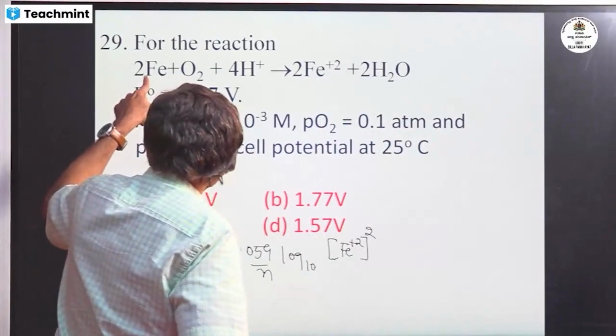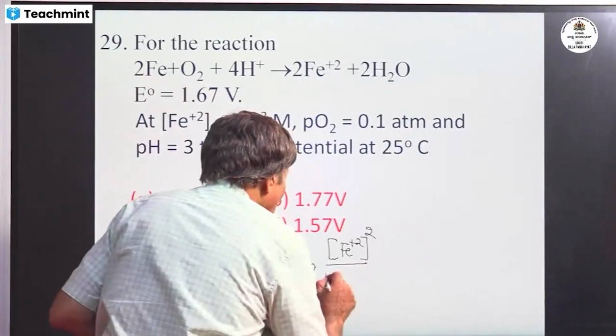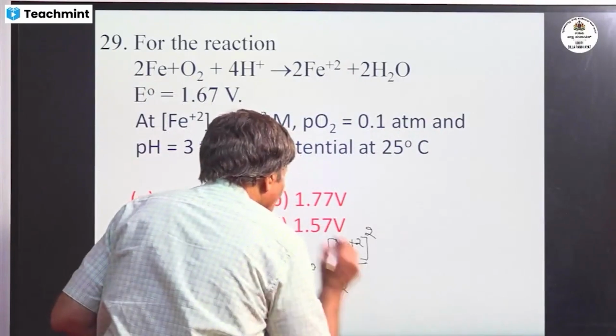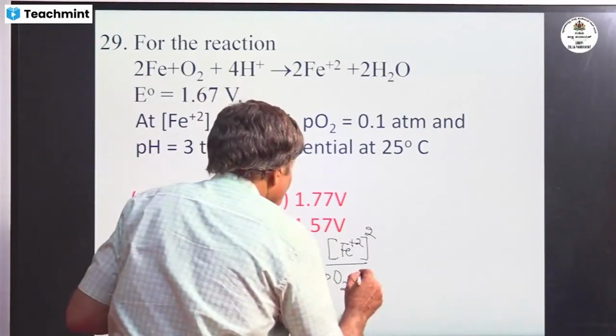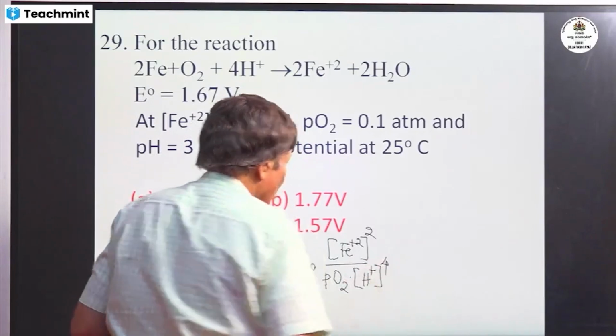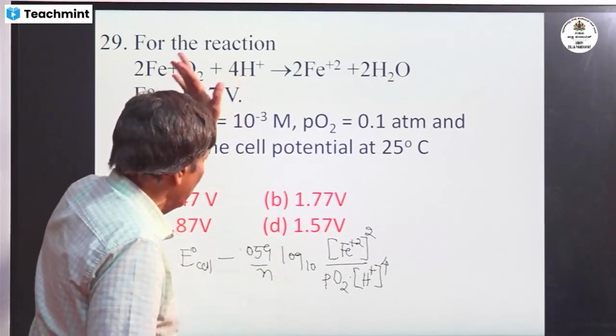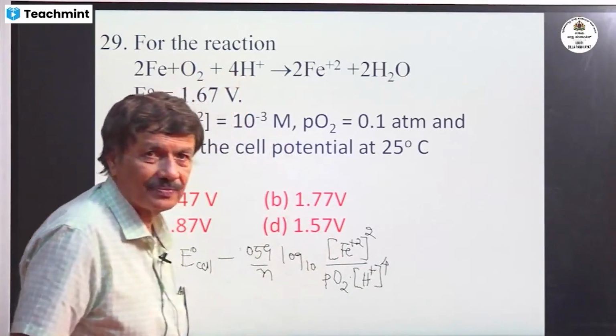Oxygen is a gas. Partial pressure of oxygen into concentration of hydrogen ion to the power 4. This is the equation we got.